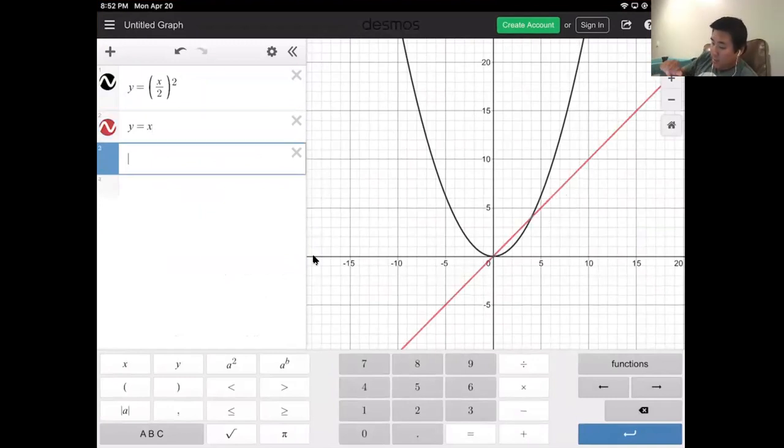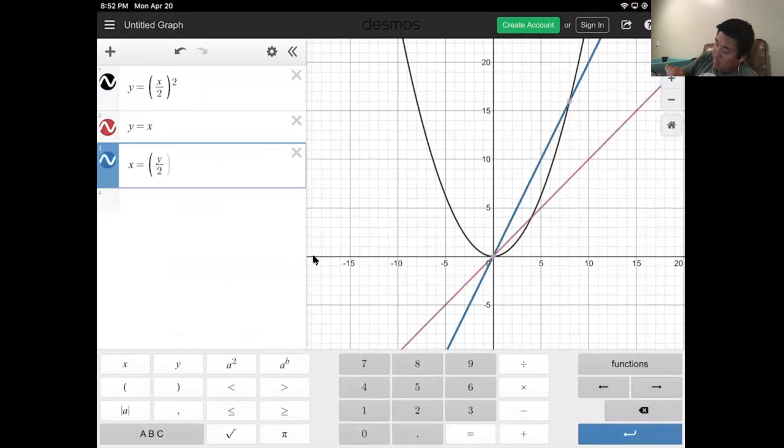Then we just switch x and y, so x equals y divided by 2 squared.